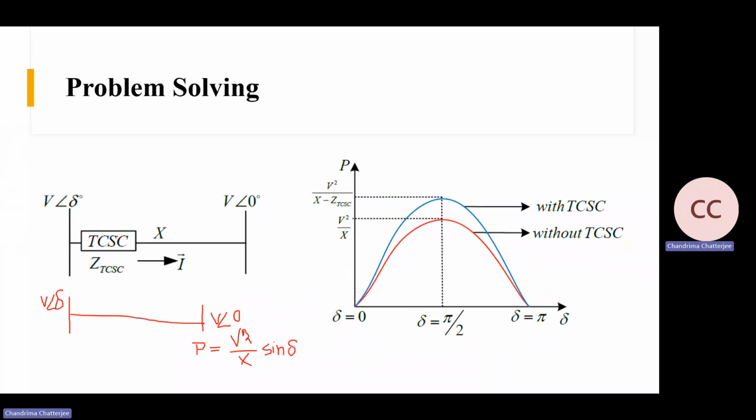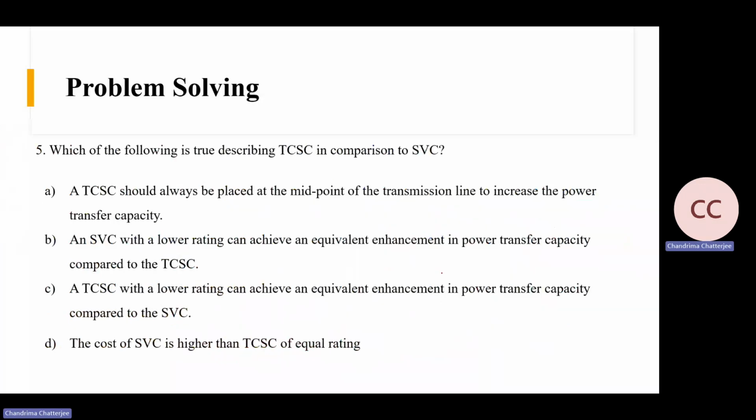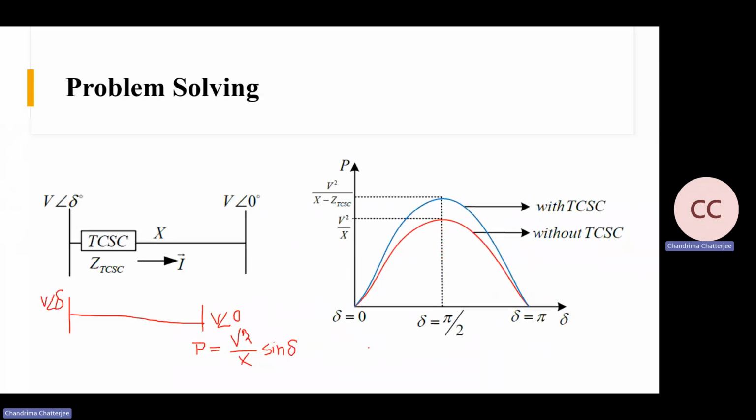But when there is TCSC, the compensated power PC is equal to V square by X minus X TCSC.